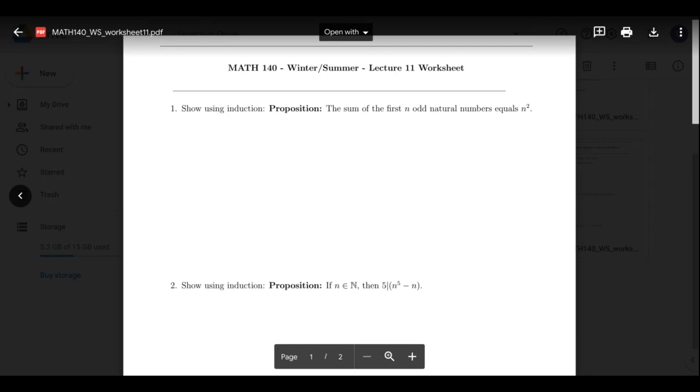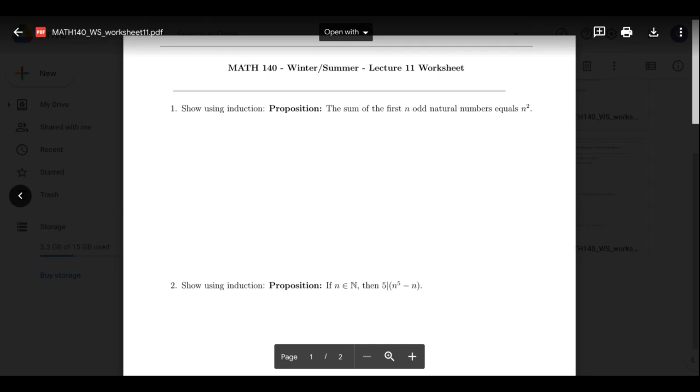Then assume P of n. Assume P of n, which is 1 plus 3 plus up to 2n minus 1 equals n squared. Okay, assume this.